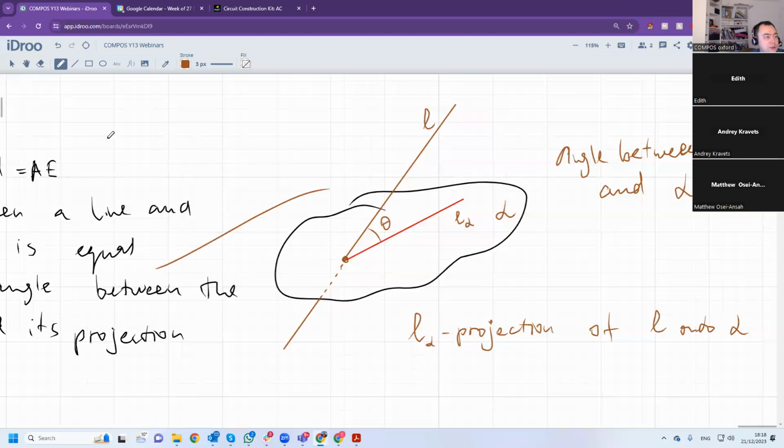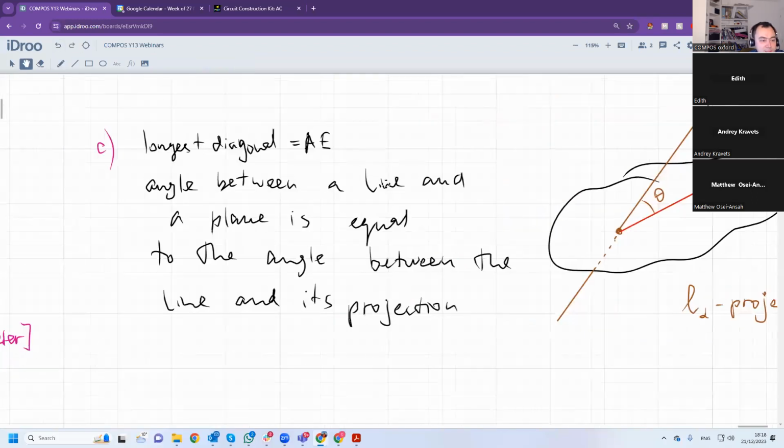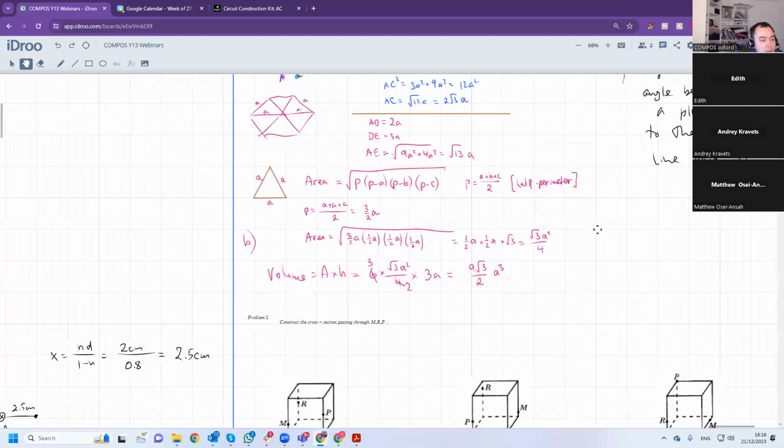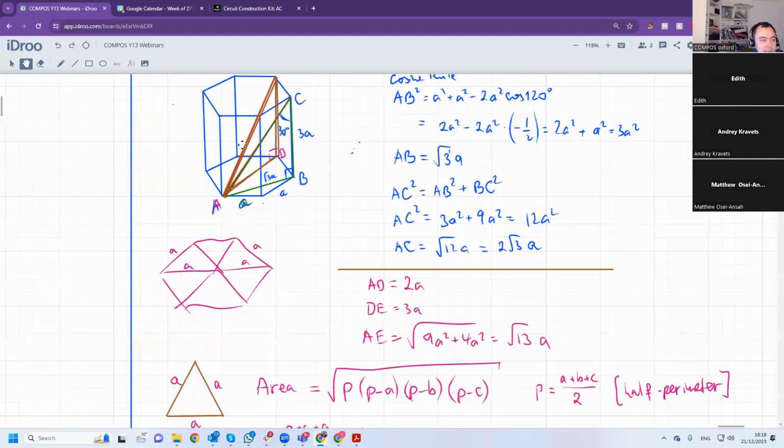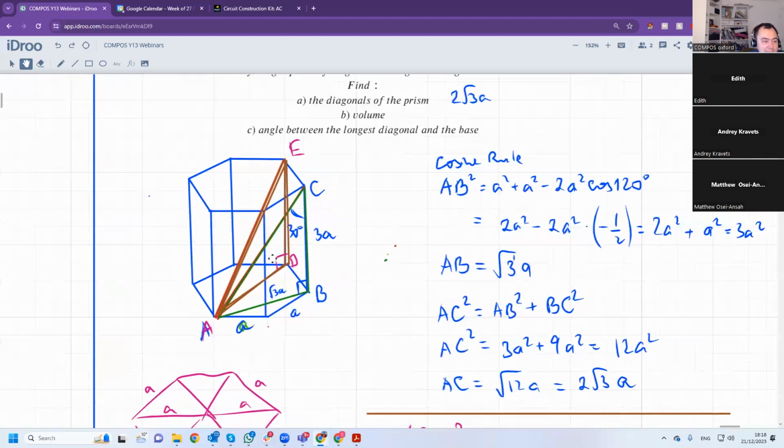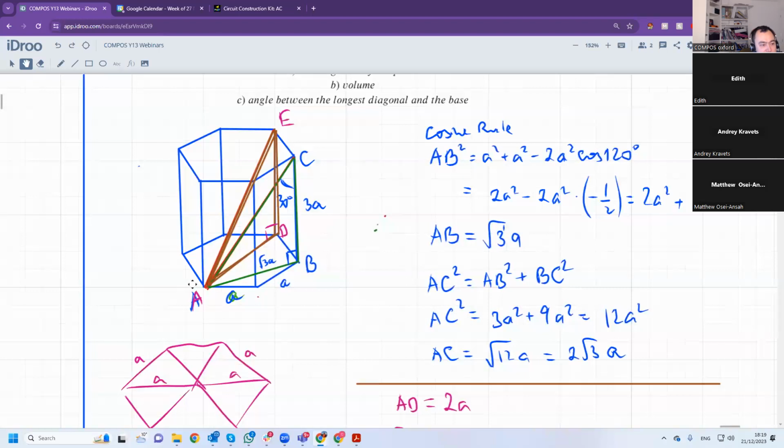Excellent. Now we move on and say, okay, so the line AE, we need the angle between AE and the plane ABD. ABD is a plane, AE is a line, and AD is the projection of AE onto ABD.